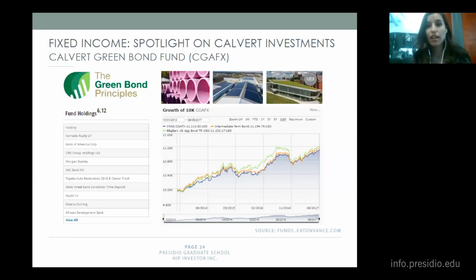So the bonds in the CALVERT Green Bond Fund include those issued by companies that are developing or providing products and services to provide environmental solutions or to support environmental projects. So this might include projects such as installation of gray water systems, rooftop solar installation, or even the construction of a new LEED certified building on campus for a company.